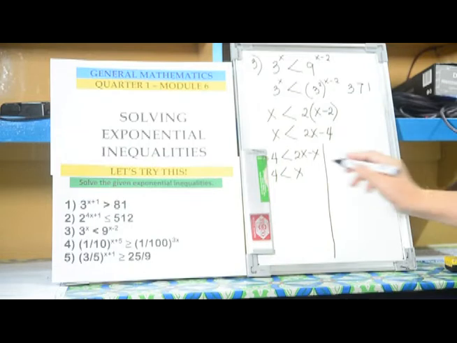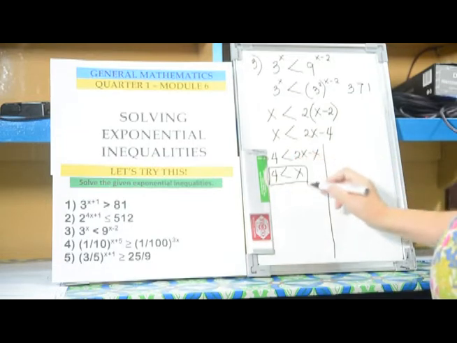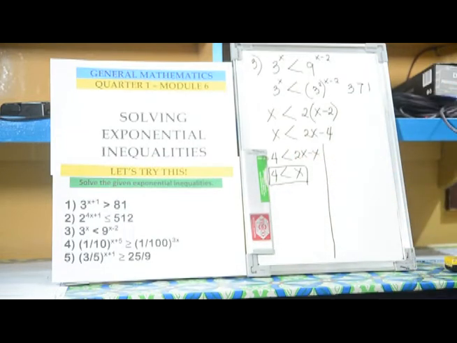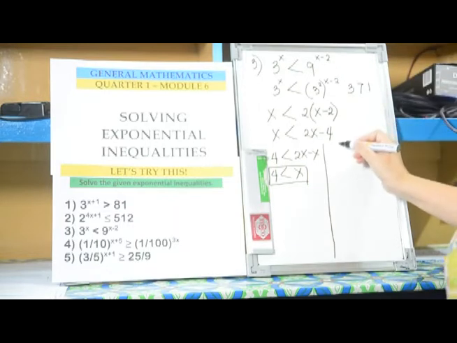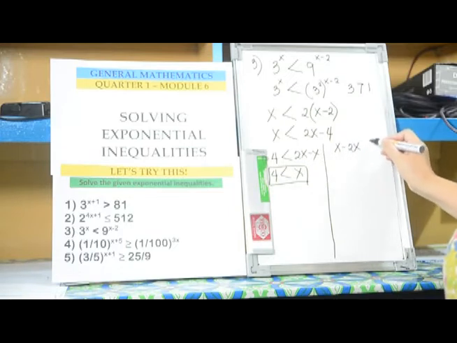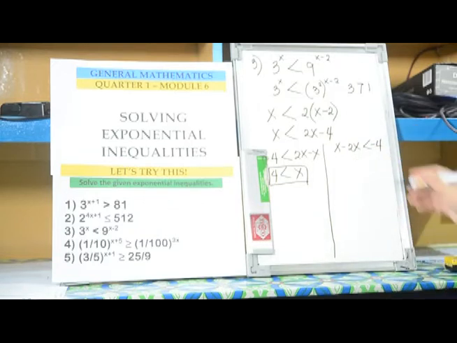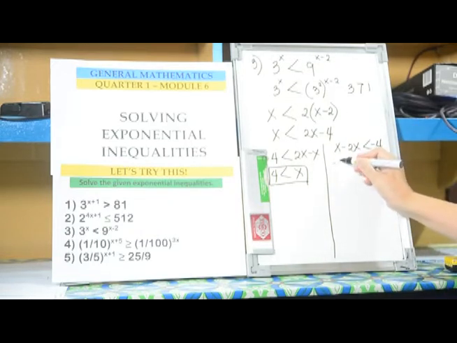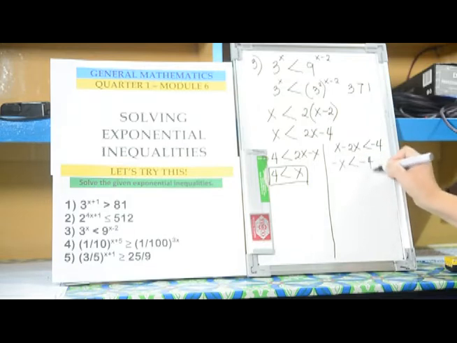But on the other side, class, if we transpose the 2x to the left side, we have here x minus 2x less than negative 4. For this one, it will give you negative x less than negative 4.